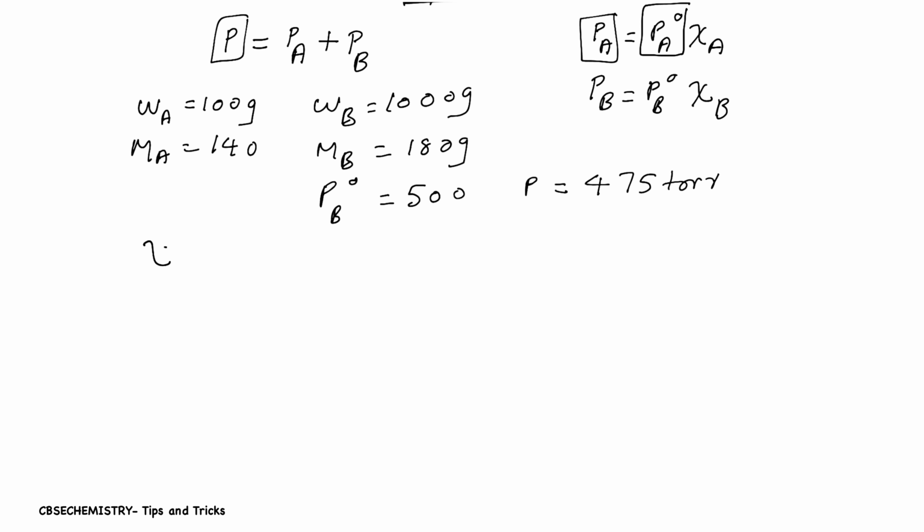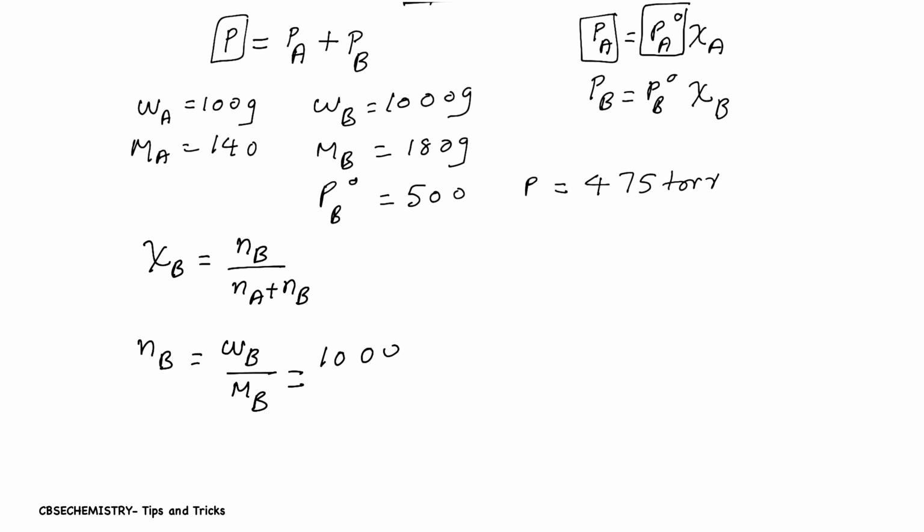So what is chi B? Chi B is equal to NB by NA plus NB. Correct? Now what is NB? NB is number of moles of B, right? That is mass of B by molar mass of B. Now what is mass of B? 1000. What is molar mass of B? 180.